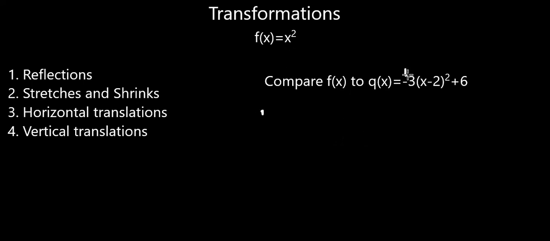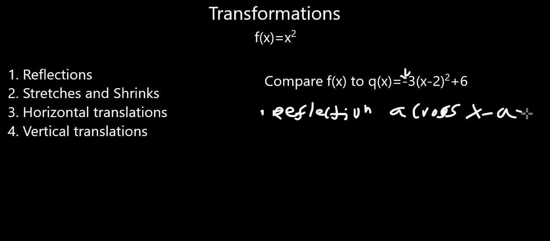Here, because there is a negative sign right here, that means there is a reflection, and we're going to say across the x-axis, because if I just said reflection, then it could have been across the y-axis, but it's across the x-axis. And now we see there, because of this 3 here, there is a vertical stretch, and it is of 3.